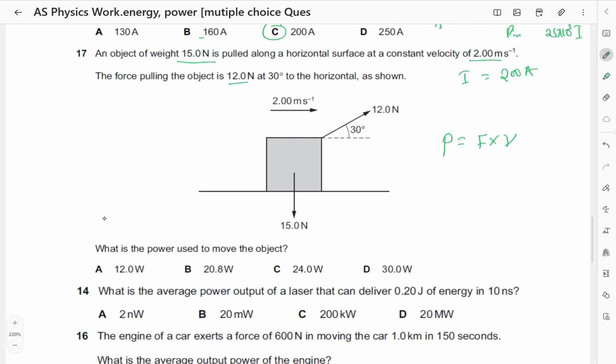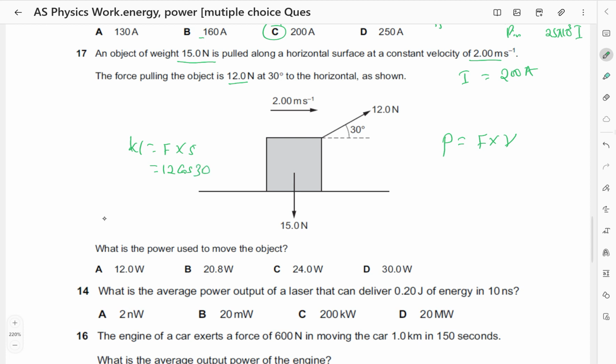The velocity is 2 meters per second, but the force, we have to resolve in the direction of motion. So the work done is equal to force times distance in the direction of the force. So the force is going to be 12 cos 30.